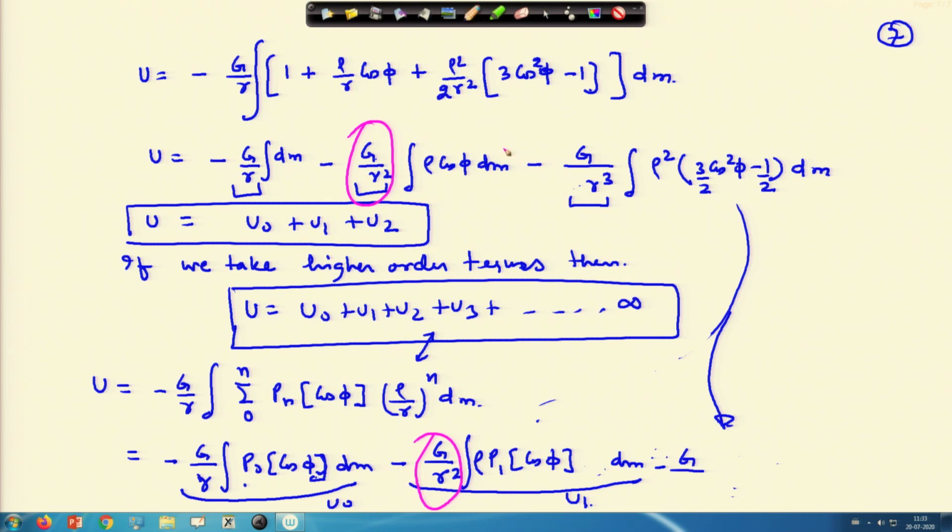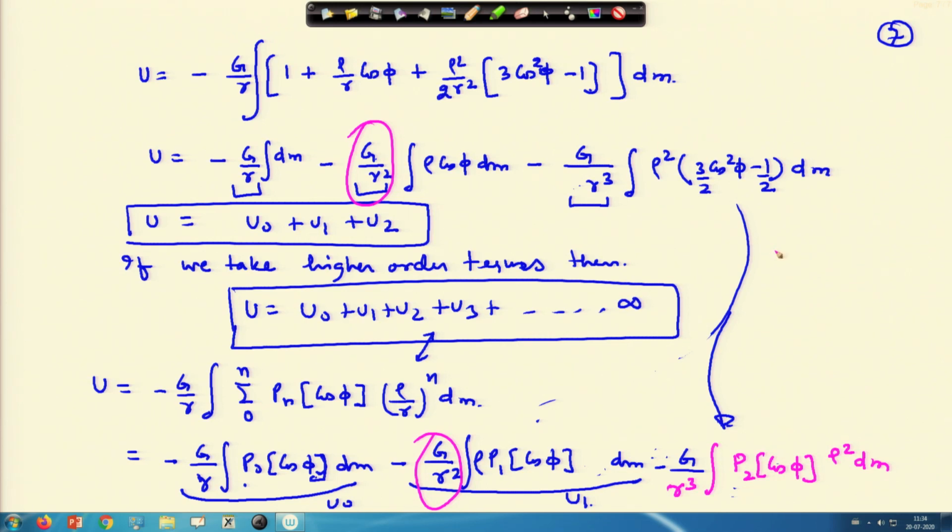Similarly, here if we expand it, this will be g and then p 2 cos phi rho square dm, r square we can take outside and this becomes r cube.